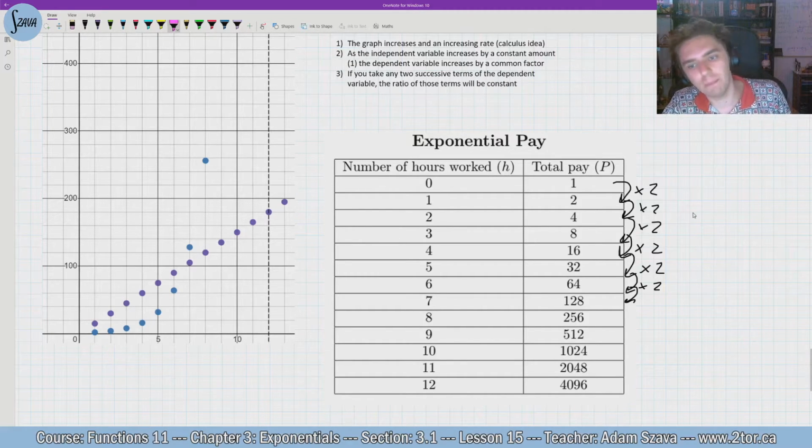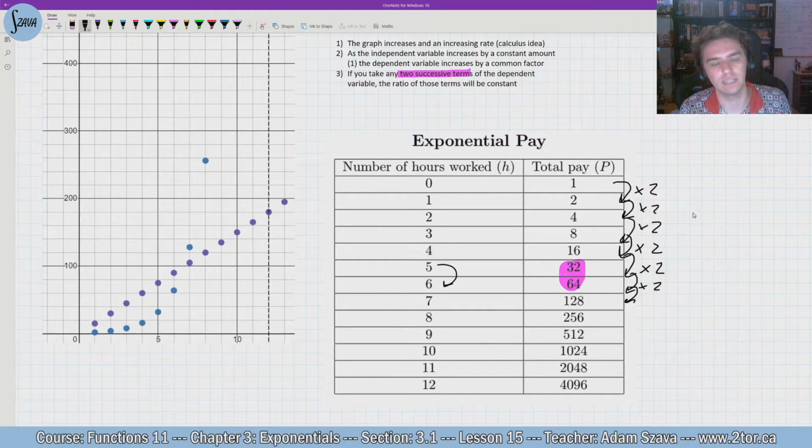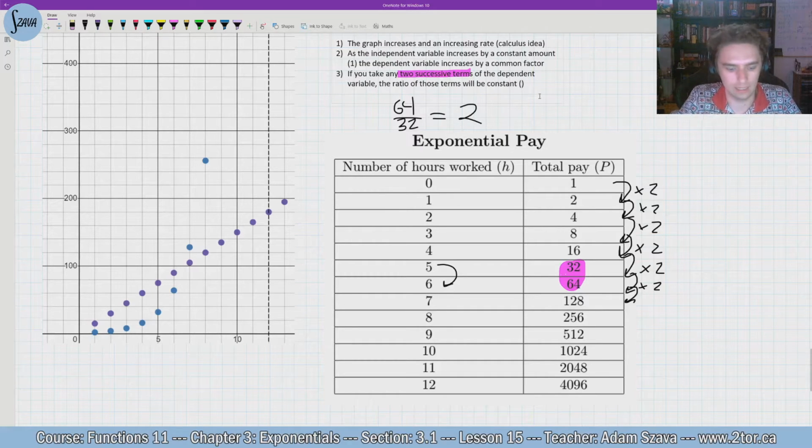If I pick any pair, any two successive terms, any pair that are right next to each other, 5 to 6 of the independent variable, and I take their ratio, the higher number over the lower number, that'll be 2 for all of them. That constant will be your multiplier.